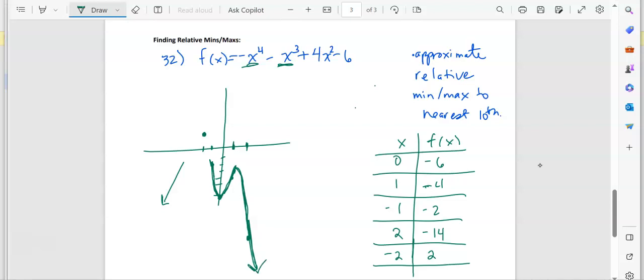So I know that I'm going to end up negative here. So that means I have a relative max here, and I know I have a minimum here.